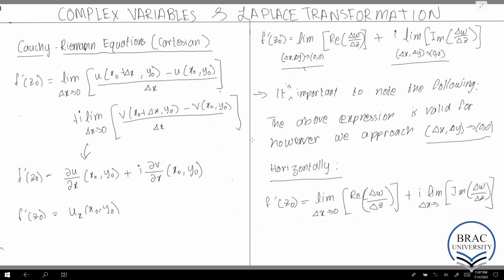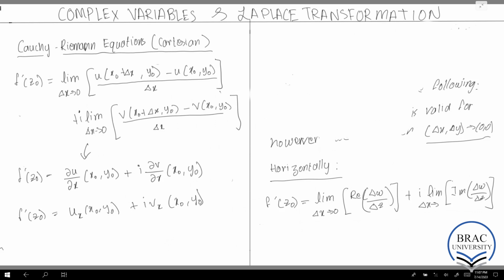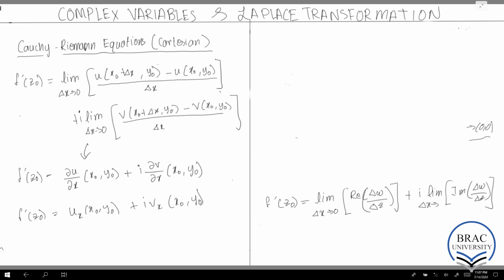Here it's x, so with respect to x, plus i v subscript x at x naught, y naught. So if we take the derivative f prime of z naught and approach it through the horizontal line, this is how it looks. Just remember, f prime of z naught is the same no matter how you approach it. So let's see how it would look if you were to approach it vertically.